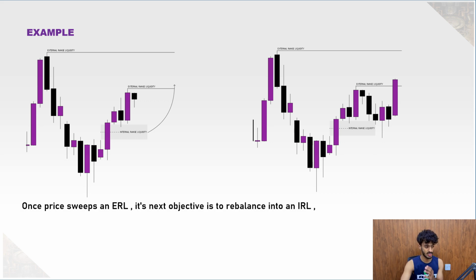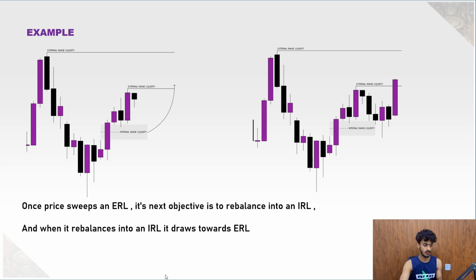We have this little saying: once price sweeps the external range liquidity, its next objective is to rebalance into the internal range liquidity. But when price rebalances into the imbalance, its next draw on liquidity is to take out the highs, the external range liquidity, or take out the lows.